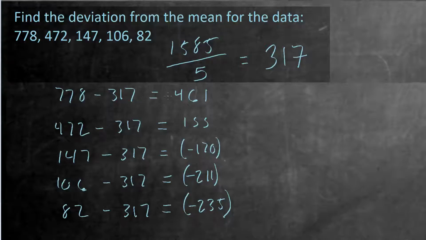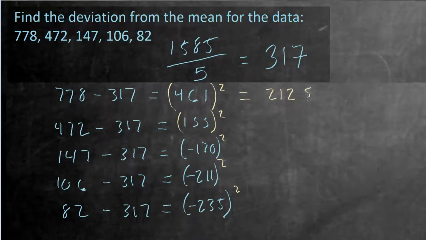The next thing we're going to do is calculate the standard deviation. Now I will have these steps written out for you, but let's follow along. So we subtracted from the mean to find this number. So the next step is to square each one of those numbers. 461 squared, so this is all calculator work.